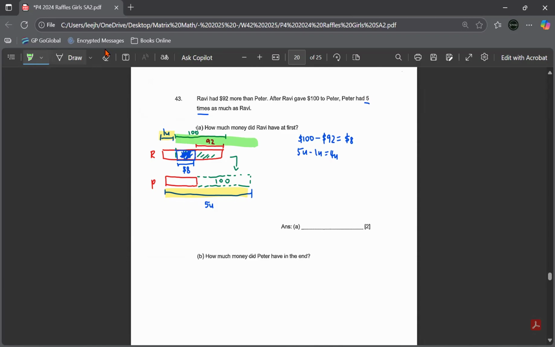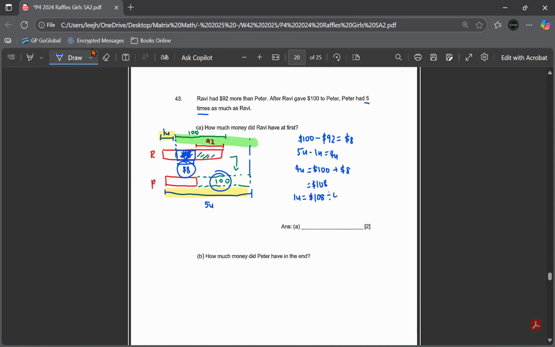So 4 units, you can see, is actually 8 plus 100. So 4U, 100 plus 8, 108. Okay, look for 1 unit. 108 divided by 4, $27. So $27 is Ravi left. Because Ravi got only 1 unit left.